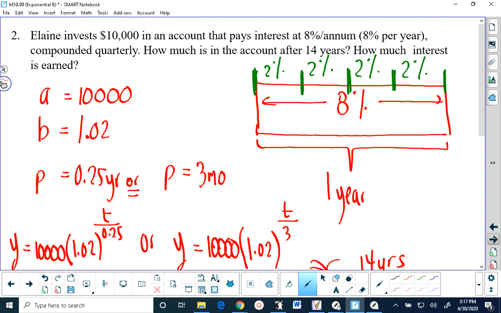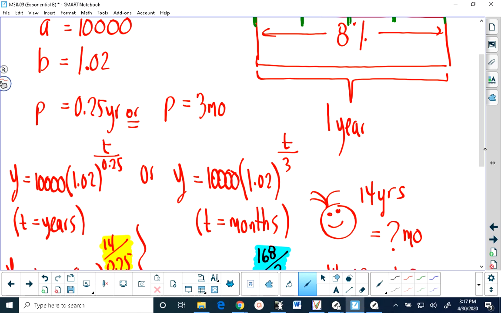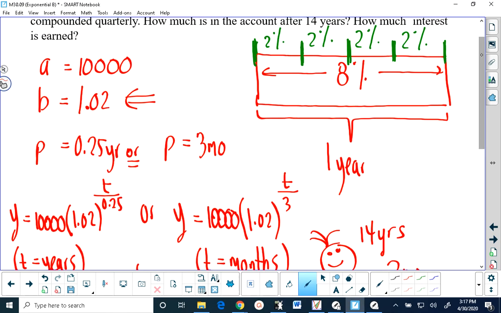When we take a look at Elaine's, we kind of just write down this 1.02 without thinking too much about it, but we got that by taking the 2% and dividing it by 100 and then adding it to the 1. So to go from the percent to the value of B requires you divide the percent by 100 and then add 1.